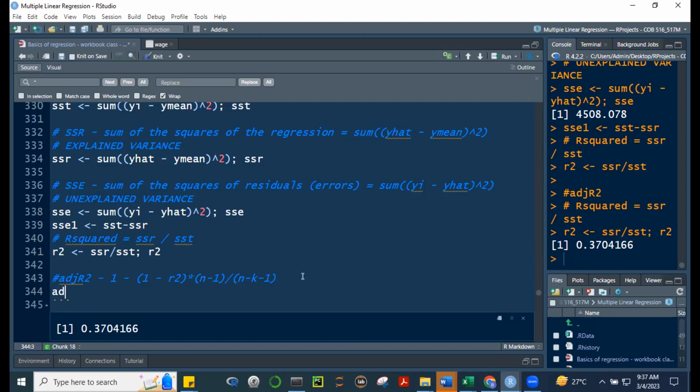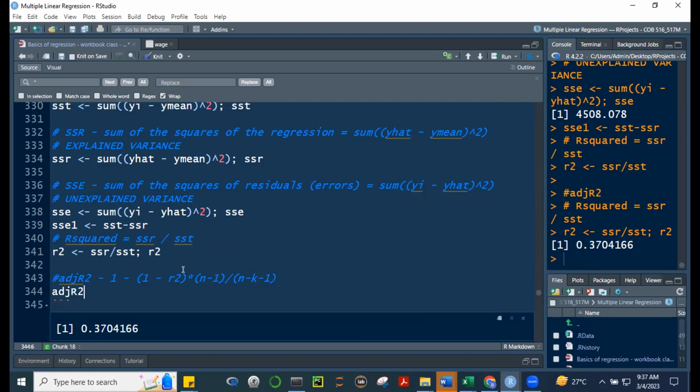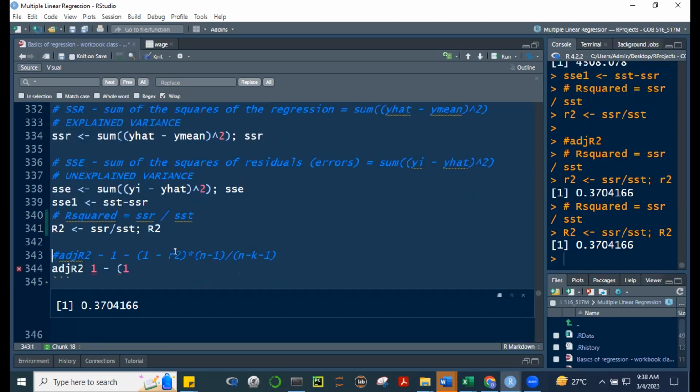Let's call it ADJ R2. Just R2 then. So it's nicer as R squared. All right. And it's equal to, let's do this, 1 minus quantity 1. Let me run this first. Sorry. Let me run R2 first. 1 minus R squared. Okay. Times, what's our N?